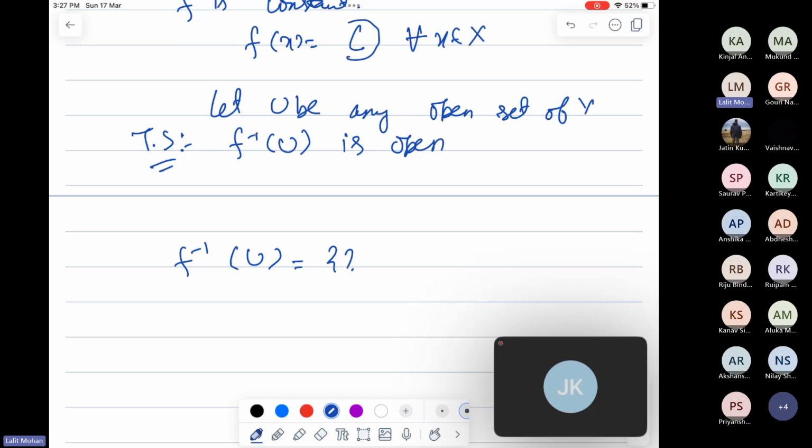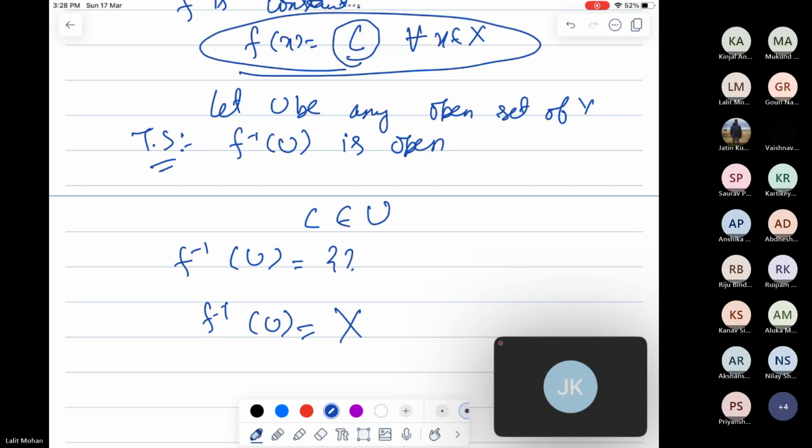See, if this c belongs to U, then f inverse U will be whole X. Yes or no? Because your function is constant, right? I'm saying that if c belongs to U, then f inverse U is whole X, because your function is constant, right?